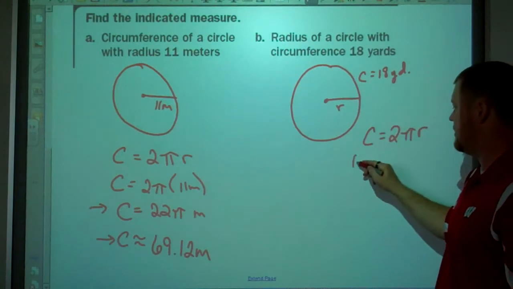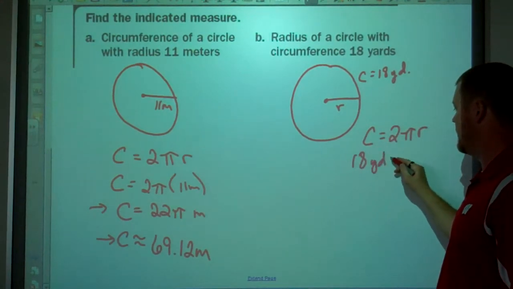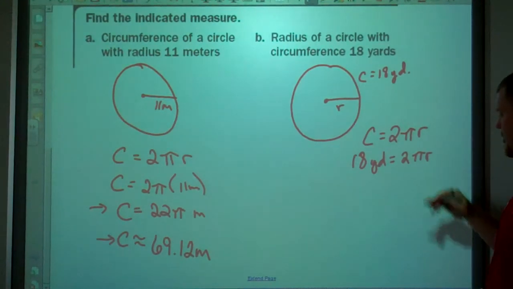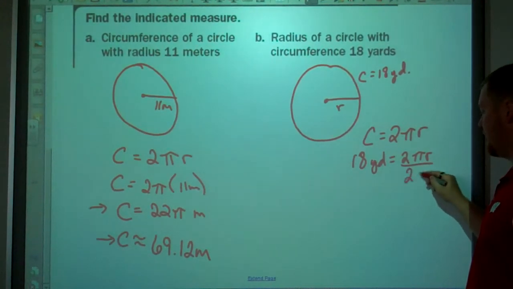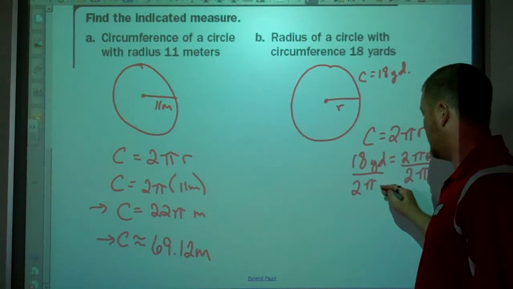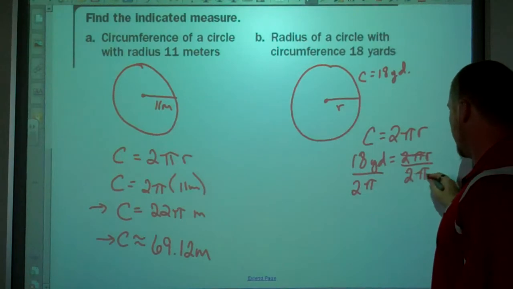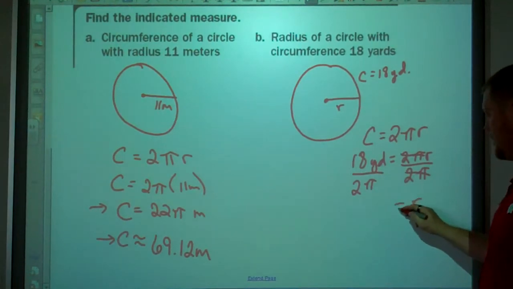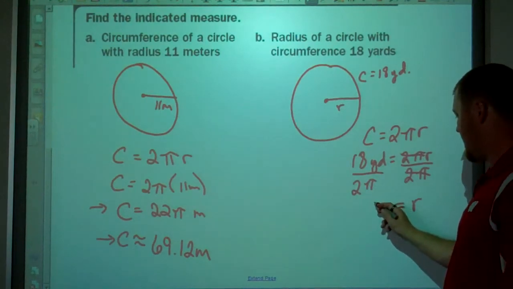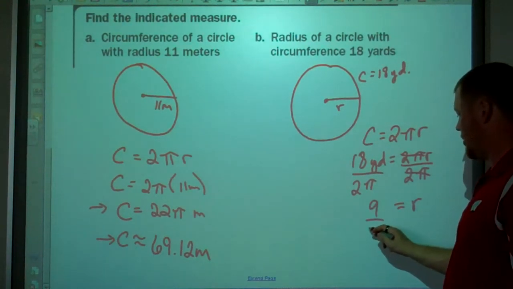C is 18 yards, 2 pi r. Solve for r. I'm going to divide by 2 pi because that's just a number. Divide by 2 pi. Over here, 2 pi divided by 2 pi, that's 1, equals 18 divided by 2 is 9 divided by pi.